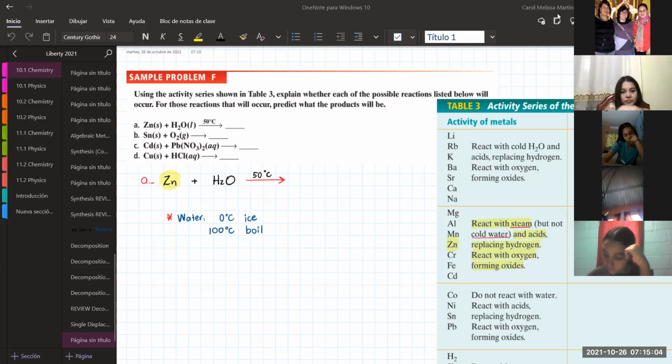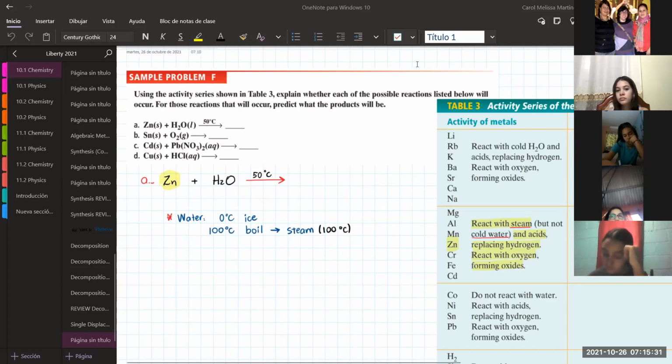Now, boiling is going to cause steam, okay? So, steam will only occur if you have water which is boiling. That means that steam can only occur when you have 100 degrees Celsius going on in the reaction.